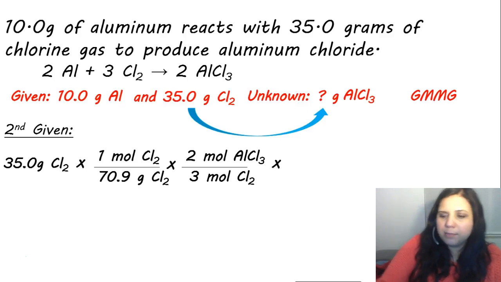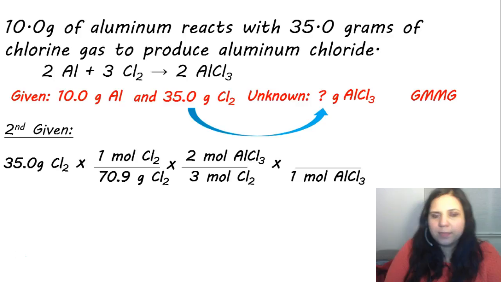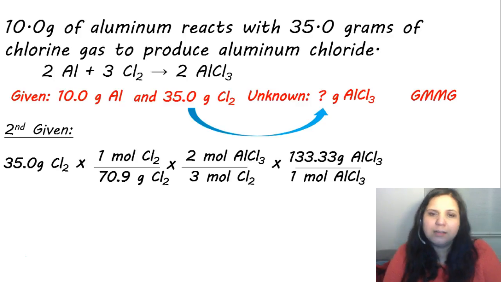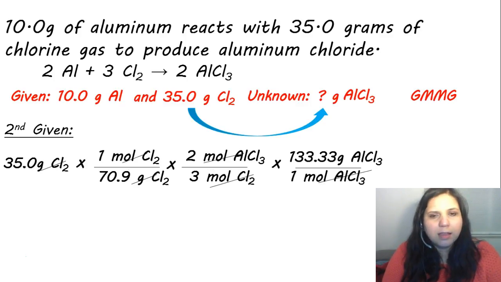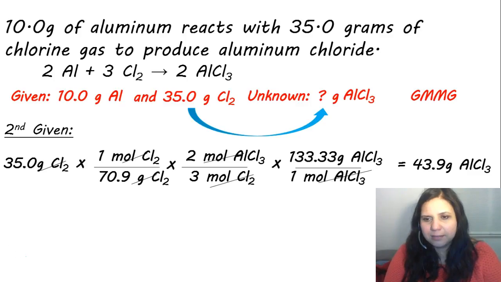And last step would be to find the molar mass of aluminum chloride. Calculate that out. Well, we've already calculated, so that's 133.33. Cancel units. Great. Then my answer becomes 43.9. It's really close.